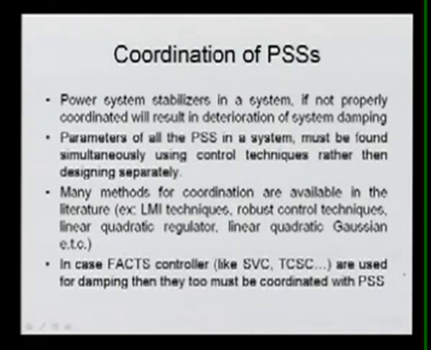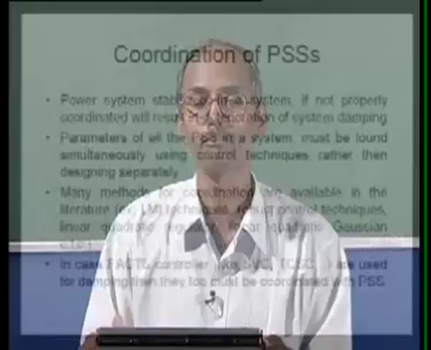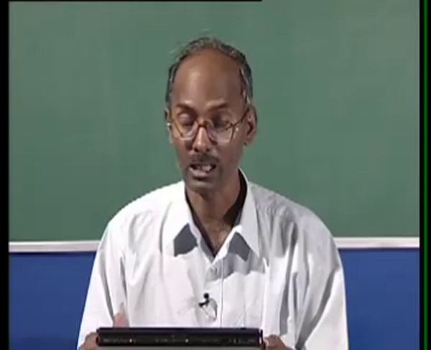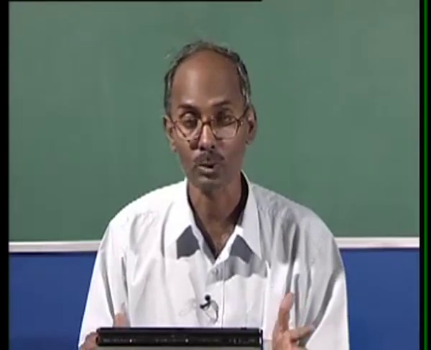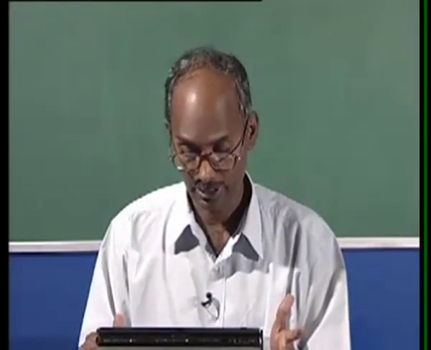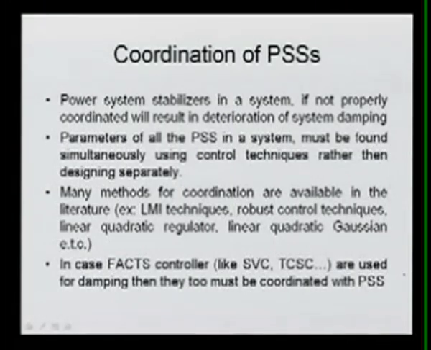Many methods for coordination are available in the literature, like LMI techniques, robust control techniques, linear quadratic regulator or linear quadratic Gaussian techniques, etc. In the system there may also be some FACTS controllers with controls for devices like SVC and TCSC; these are FACTS devices and they will have controllers.